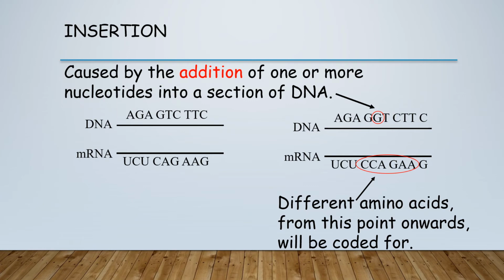And as you can see, everything else from that point is shifted on. So remember, we've got 3 bases as a codon that will determine an amino acid. But now we've moved everything up. So actually from that point onwards, all the amino acids will be different. And that could lead to diseases such as Huntington's disease.